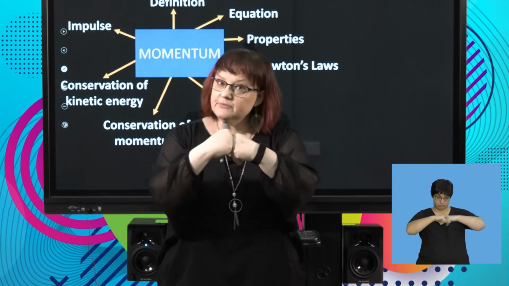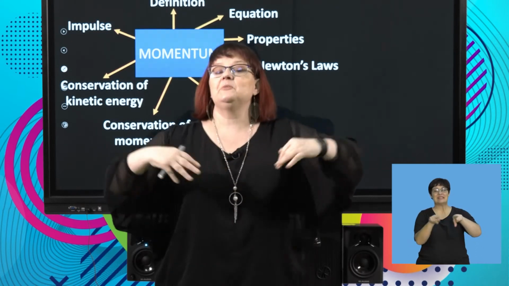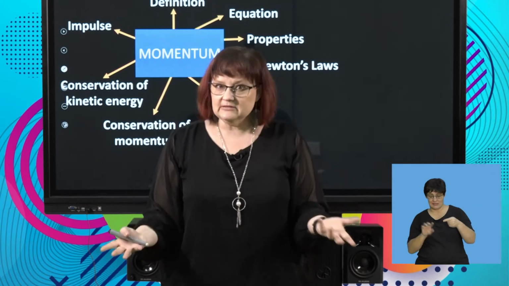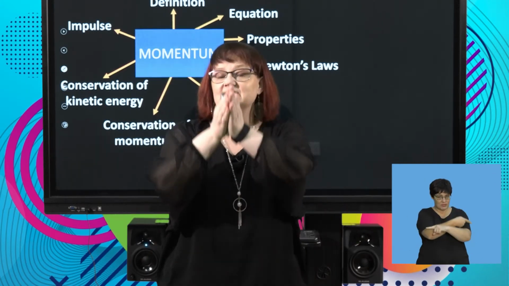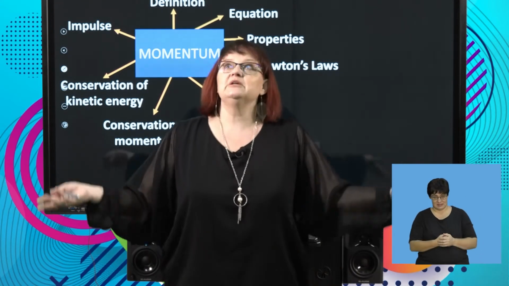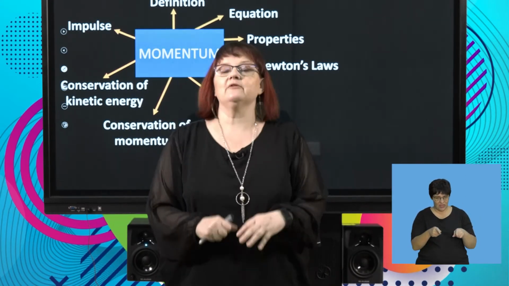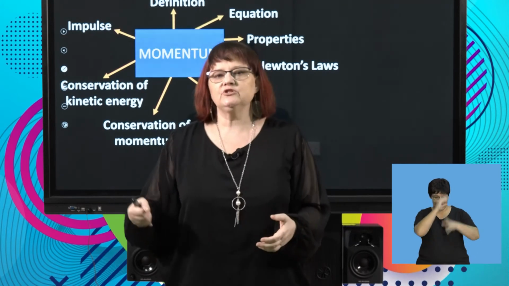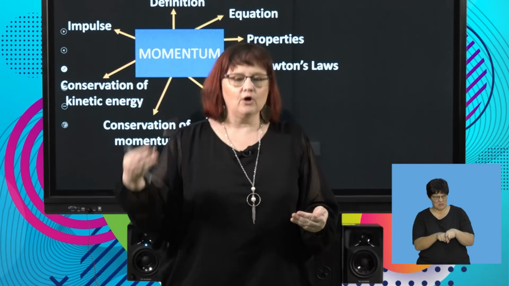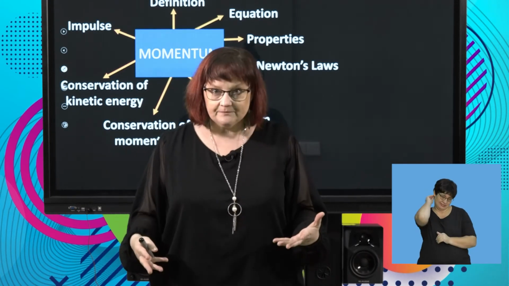And when two objects collide, they experience the same net force in opposite directions. So they have the same impulse, just in opposite directions, which means both objects experience the same change in momentum. I'm saying the same thing over and over again because it's important.